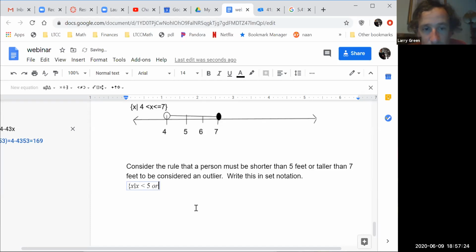And then you just write or. And now how do you write taller than 7 feet as an inequality? Yeah, greater than 7. So x is greater than 7. And then you always end the bracket. And that's the answer. Any questions on this idea?